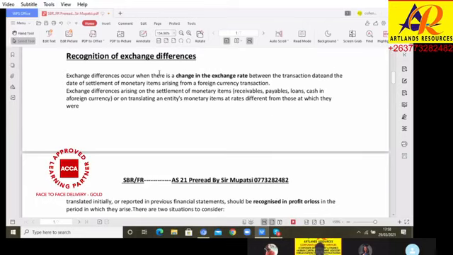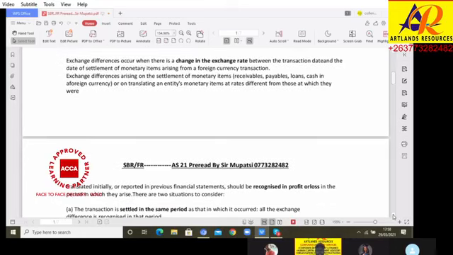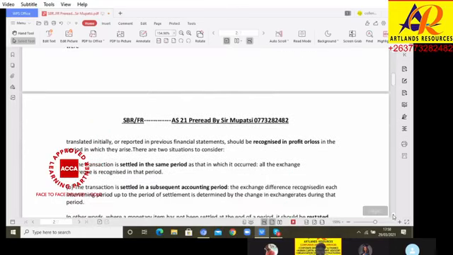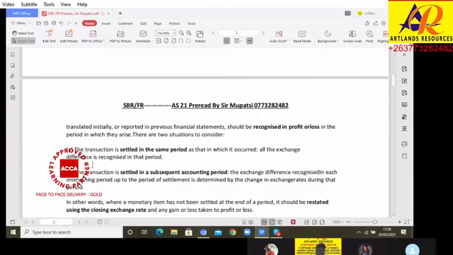Recognition of foreign exchange differences. I have already said about this. Like on point number B, which says, if the transaction is settled in a subsequent accounting period, in other words, at 31 December we still have to receive or pay foreign currency, I said we retranslate it using the closing exchange rate.